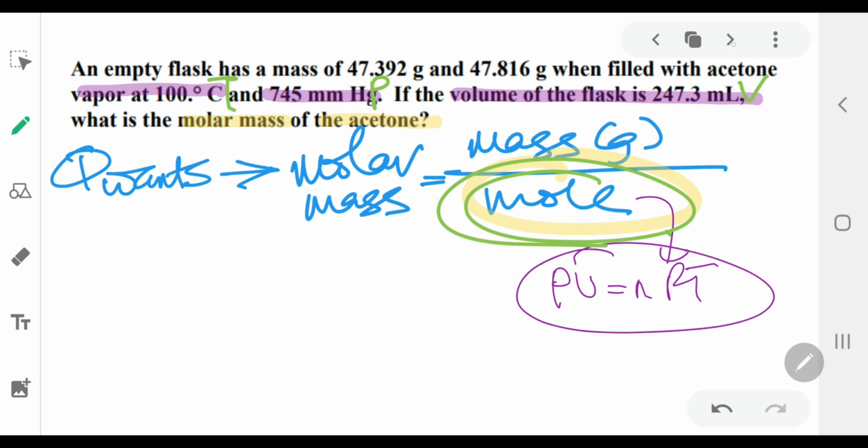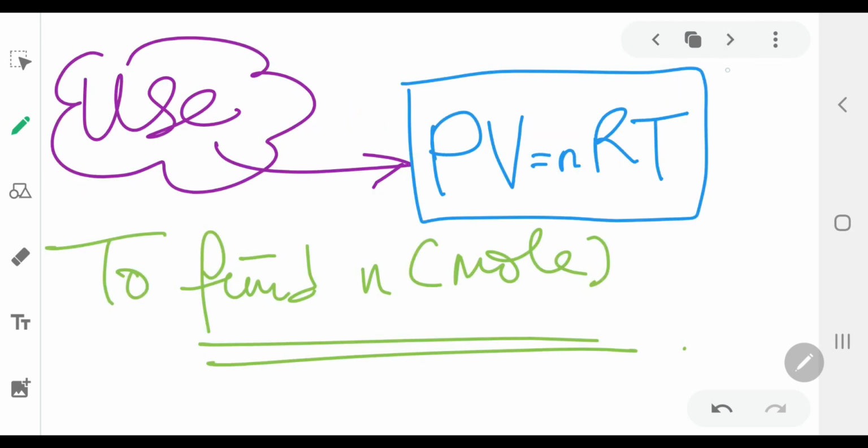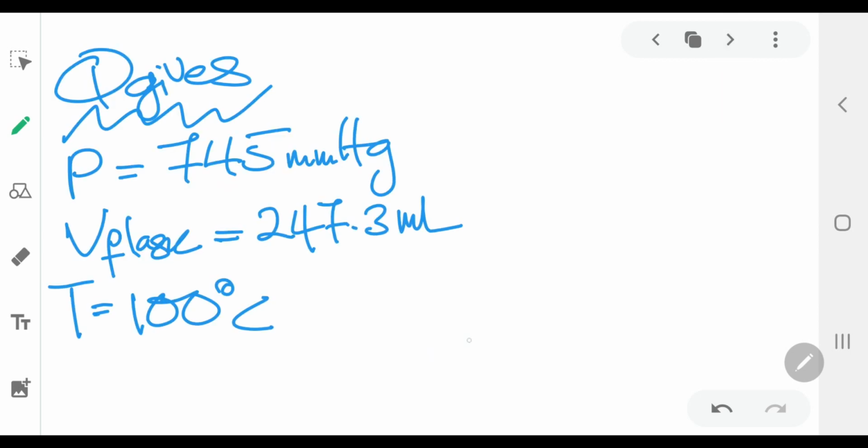So how do you work out the number of mole? We're going to use PV equals nRT. Very simple.